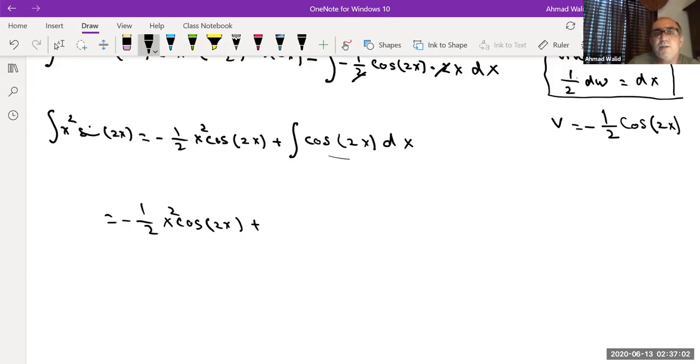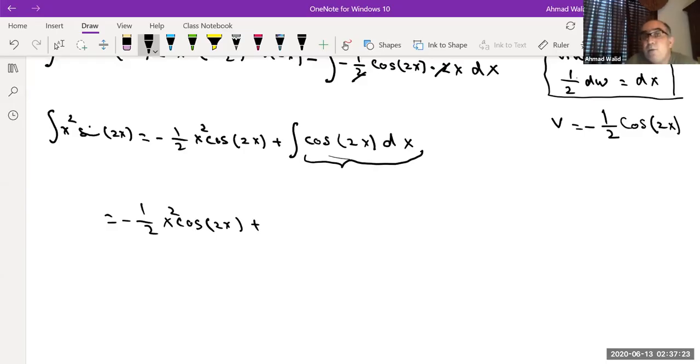Integral of cosine 2x gives you 1/2 of the integral of cosine, which is what? Sine, right? It means here cosine 2x dx, look at this part. Cosine 2x dx.